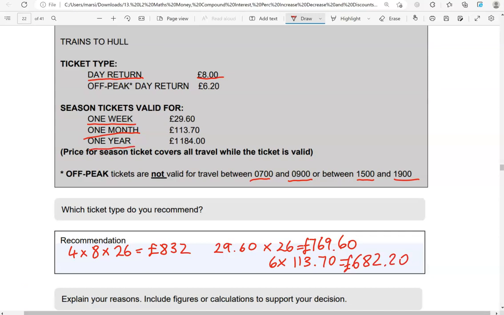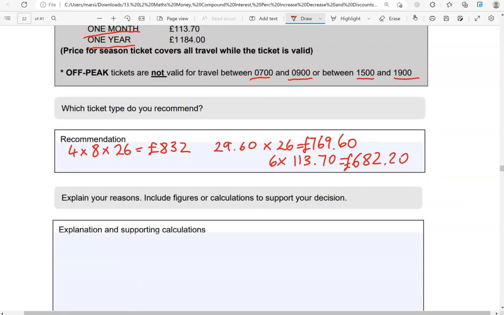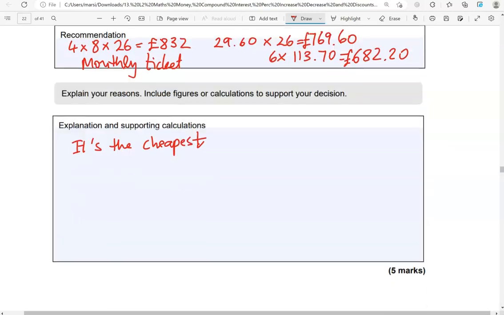The yearly one is much more expensive than the rest, so what we're going to suggest is the monthly one, because that's the cheapest. So we're going to say recommendation, monthly ticket, explanation, we're going to say it's the cheapest, and we've shown the calculations in the box above.